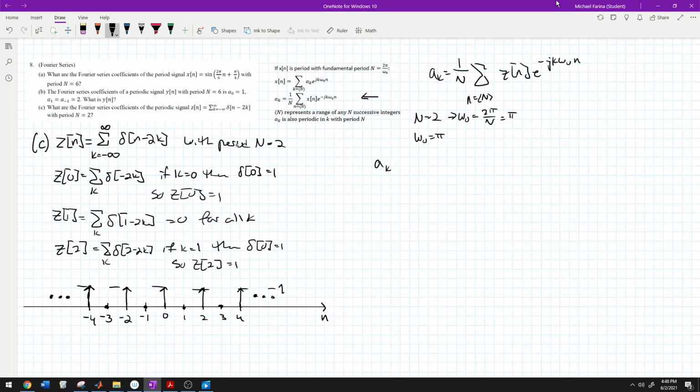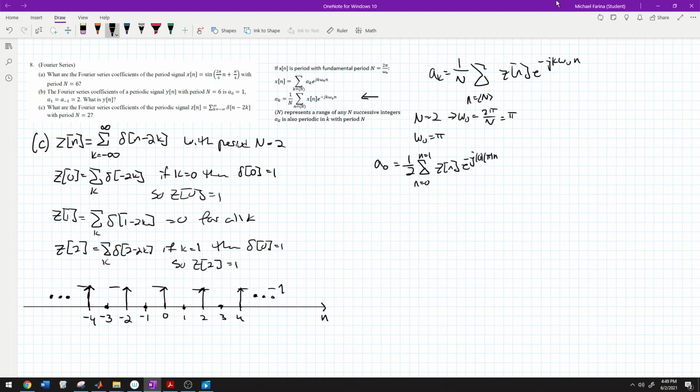So we get a of k, or let's do a of 0. And that's going to be equal to 1 over 2 times the sum from n equals 0 to n equals 1 of z of n e to the negative j times 0 times omega naught n, where omega naught is pi.